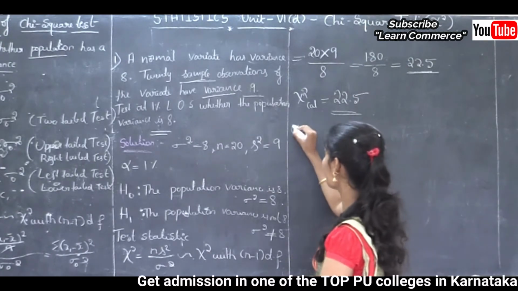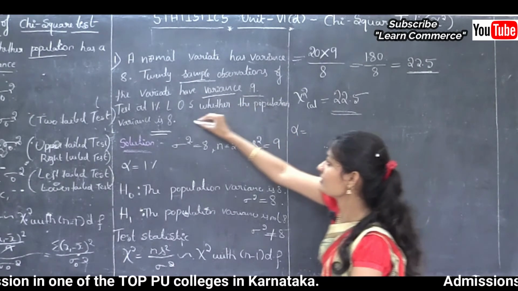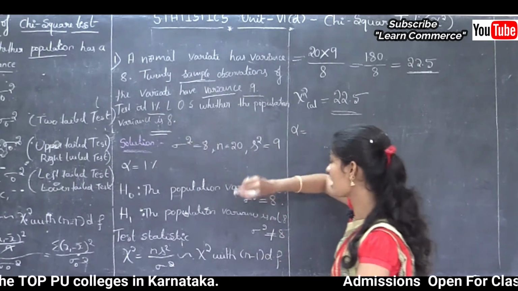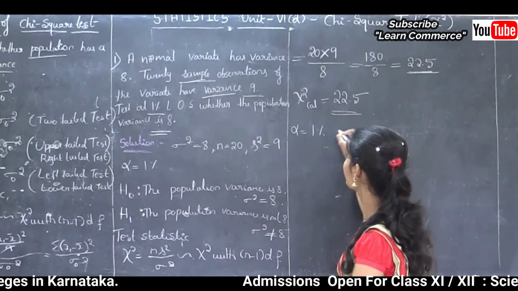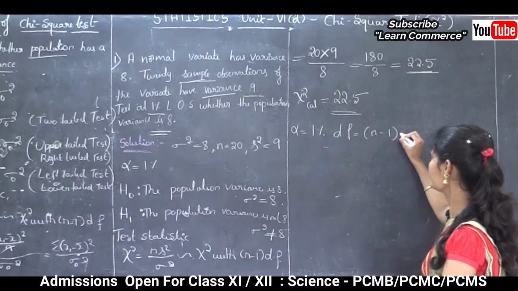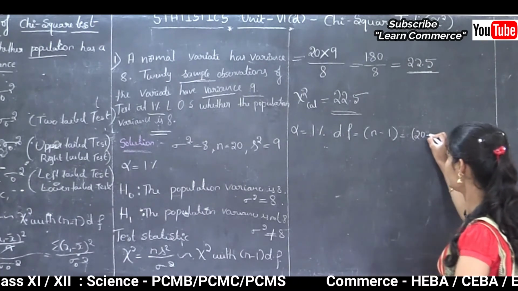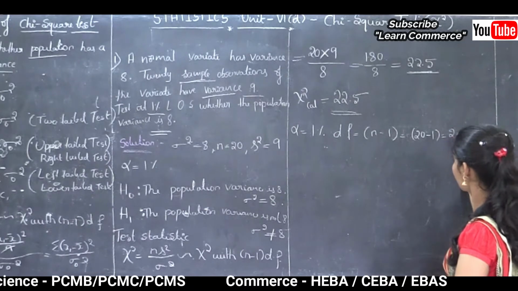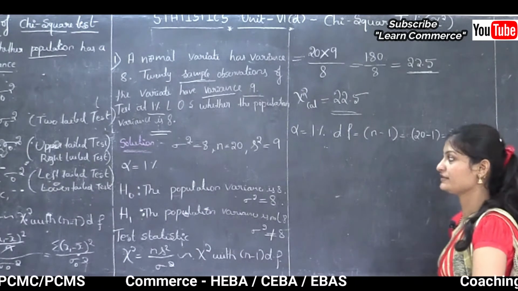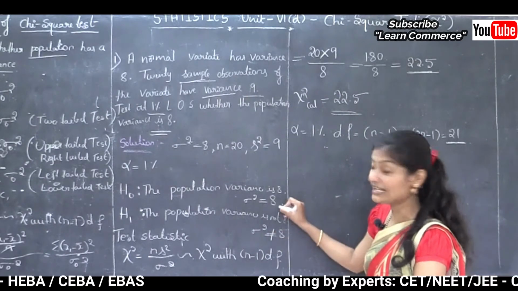So here alpha, the level of significance, is given as 1%. Then degrees of freedom: how to find them? That is n minus 1, here n is 20, 20 minus 1 is 21. So here degrees of freedom is 21. Then what is the alternative hypothesis?